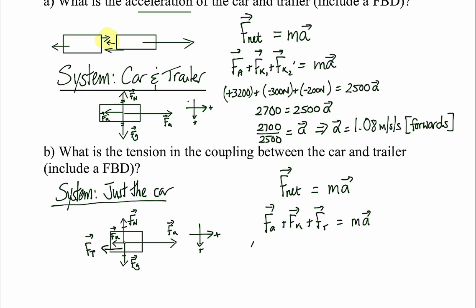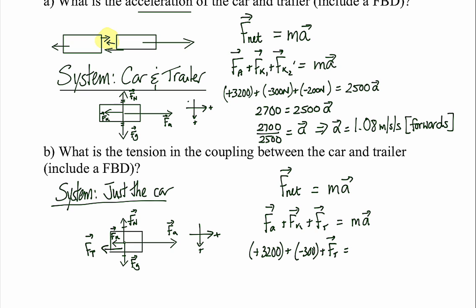So applied force is positive 3200. The kinetic friction force on the car, just the car on its own, was 300 newtons, so negative 300 newtons. The tension force we don't know.